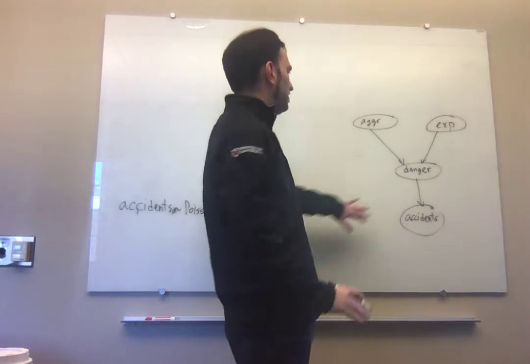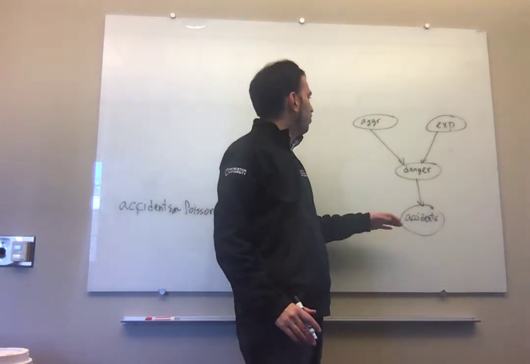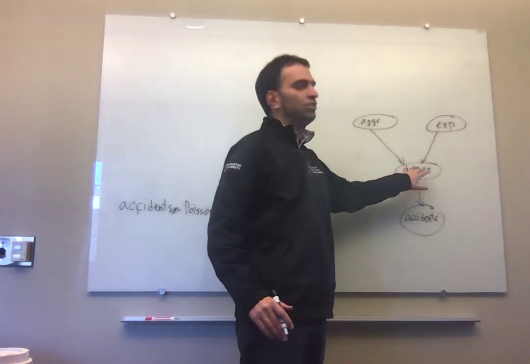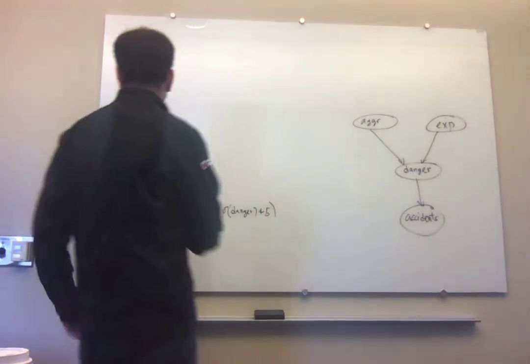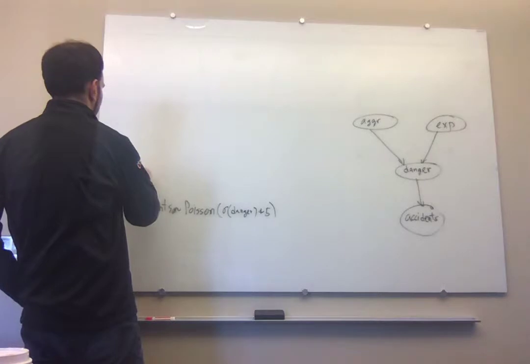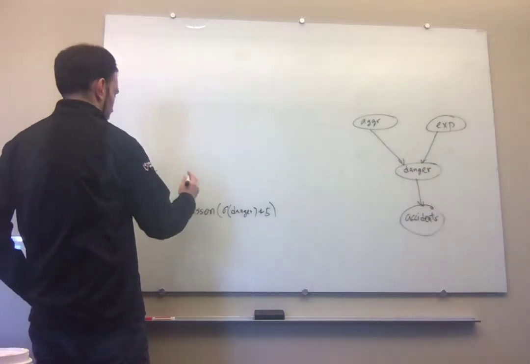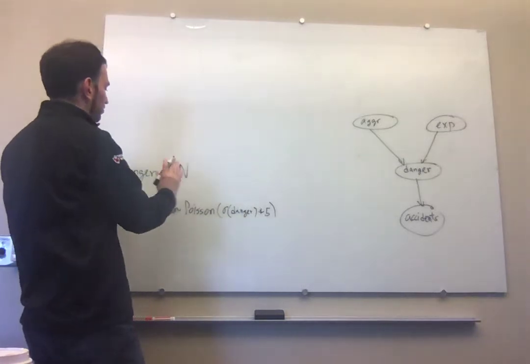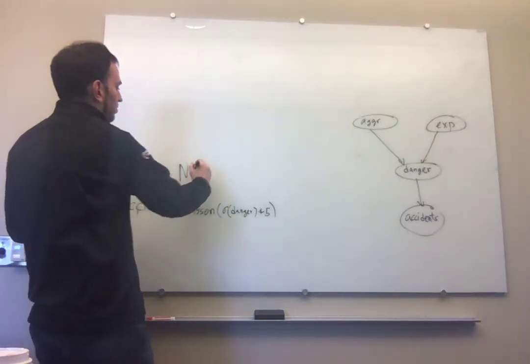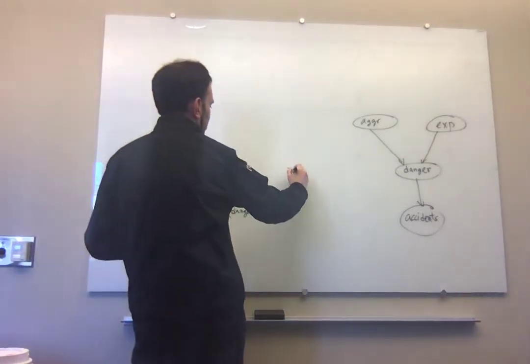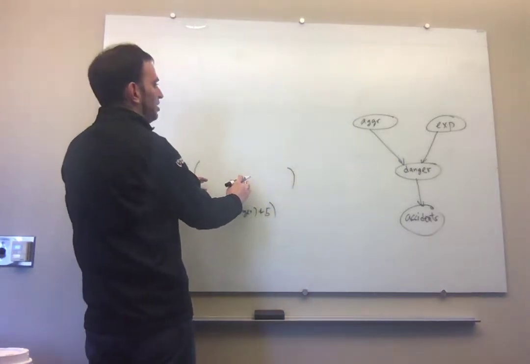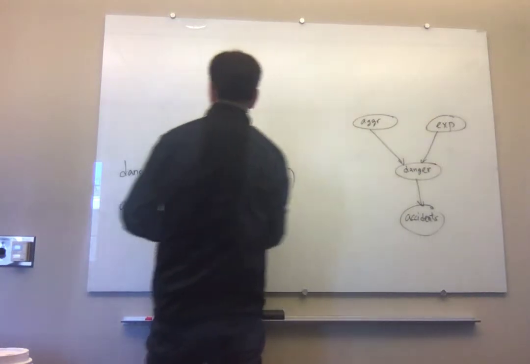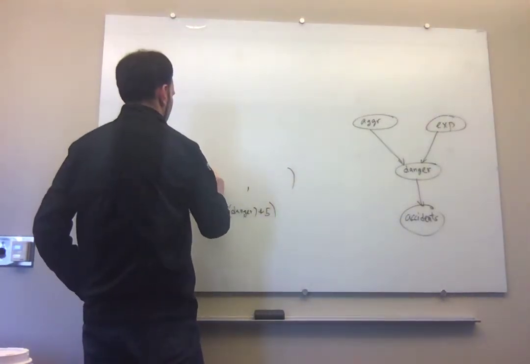Now again, we need to make a modeling choice as far as how exactly aggressiveness and experience influence dangerous driving. Here's one possibility. There's some unknown factors here, but danger is going to be normally distributed, and the mean is going to be something to do with aggressiveness, something to do with experience, and then a constant factor.